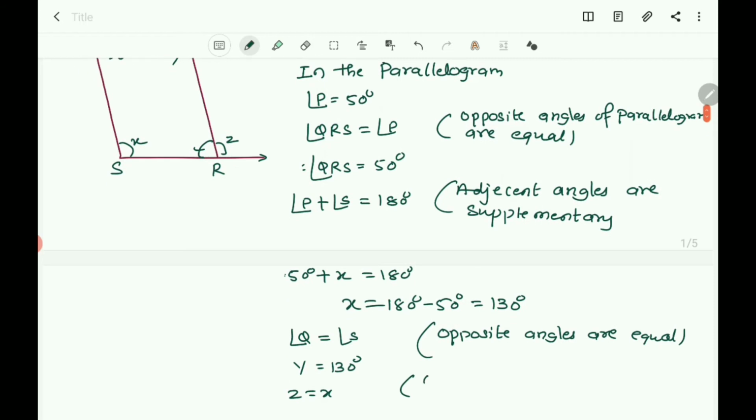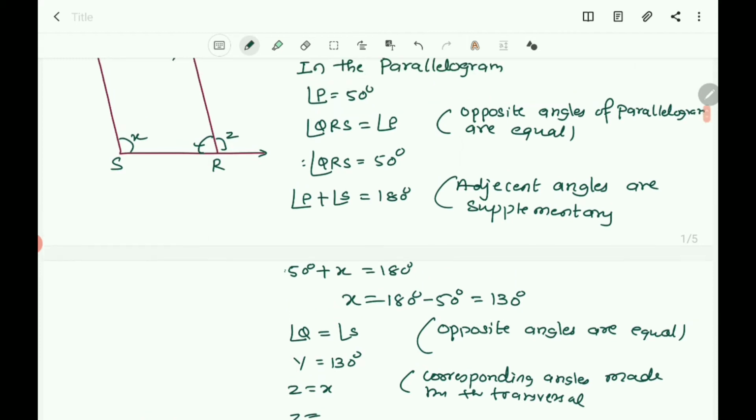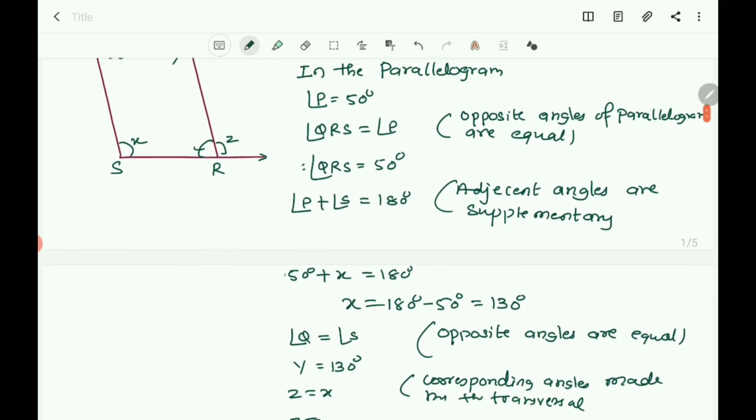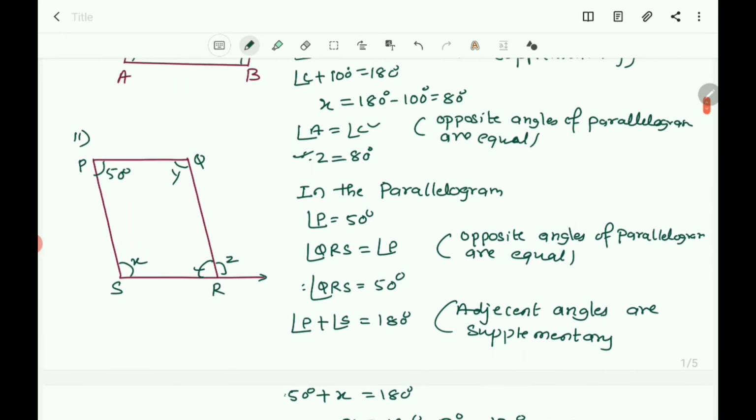They are the corresponding angles made by the transversal SR. So, Z is equal to how much? That is also 130 degrees. In this way, you got the measurements of x, y, z.